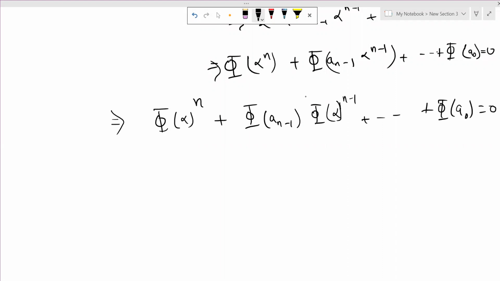Now see, these a_{n-1}, ..., a_2, a_1, a_0 are all elements of F, but under a field homomorphism, phi restricted to F is the identity.